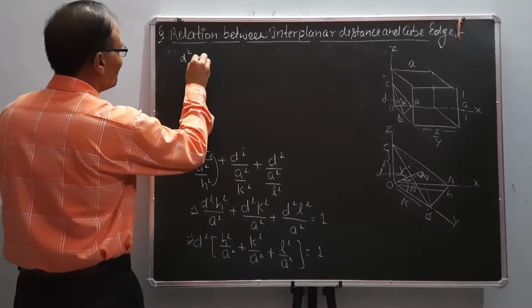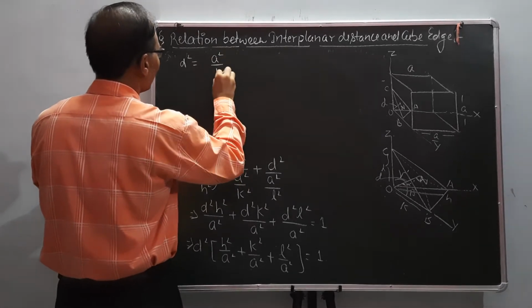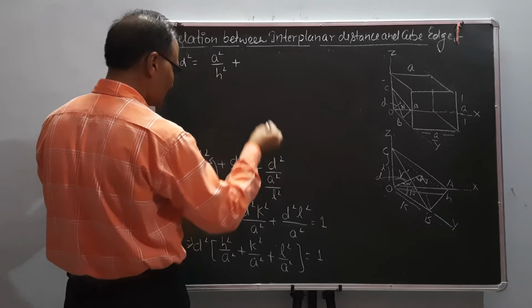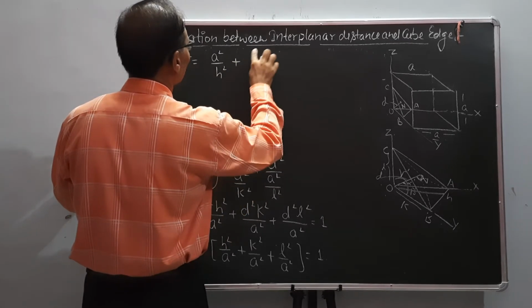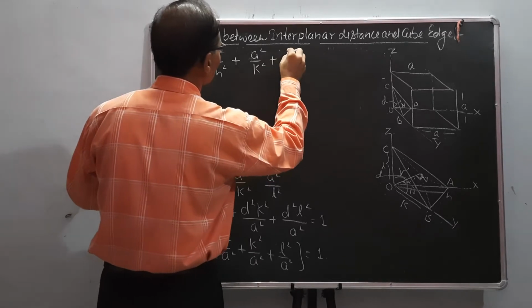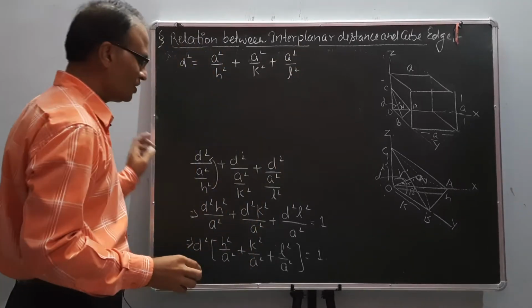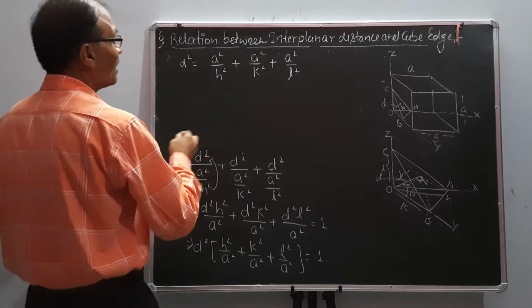Now we have calculated the value of d square. Then d square equals 1 upon a square upon h square plus a square upon k square plus a square upon l square.